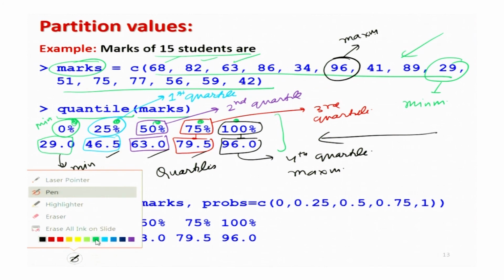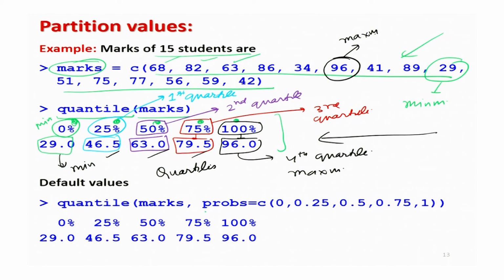But if you use probs and say that the values are 0, 0.25, 0.5, 0.75 and 1, that means the values are increasing by 0.25, then you get the same outcome which you have obtained here. So you can see the default outcome of the quantile function is the quartile.